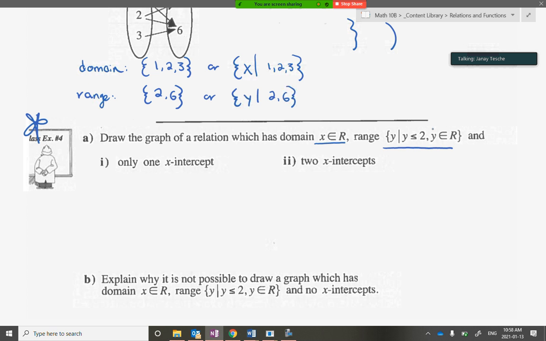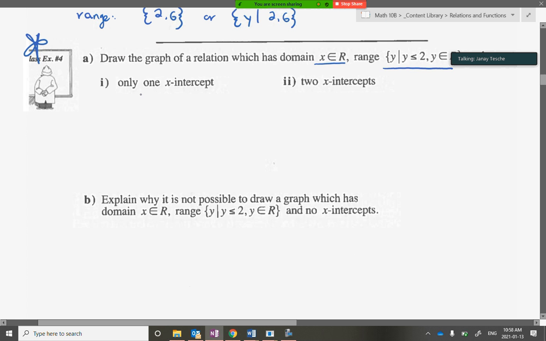So start off, draw your coordinates. Oh, that's unnecessarily large. Okay, so this graph can have any value for X. Let's put it in simple terms.